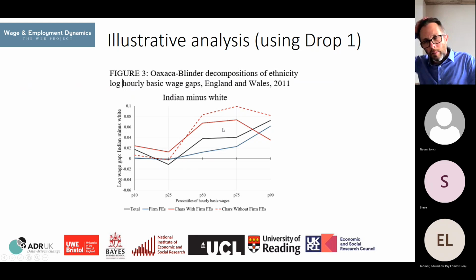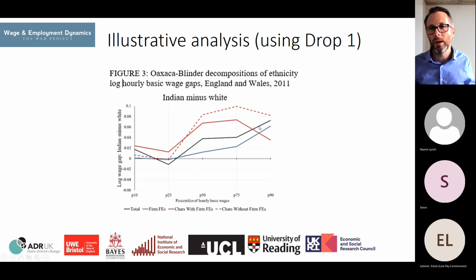What we do in our paper is we add in firm fixed effects. So we're trying to identify the role of the firm in that wage differential. We then get the solid red line and the blue line. And what the blue line is showing you is that a good part of the wage premium earned by high earning Indian employees is due to where they work.